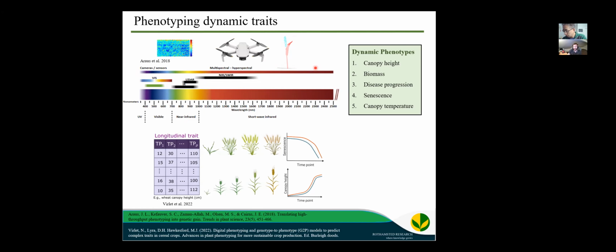You can use all of those using the RGB, which is the simplest one available and cheap as well. And that way you can have this much information from longitudinal traits. As you can see, I'll show a bit more of this, our recent publication.